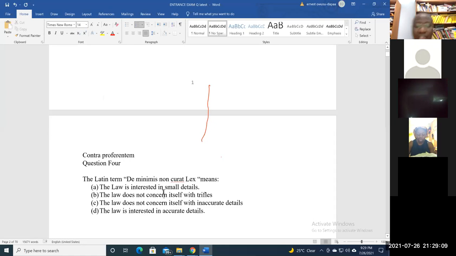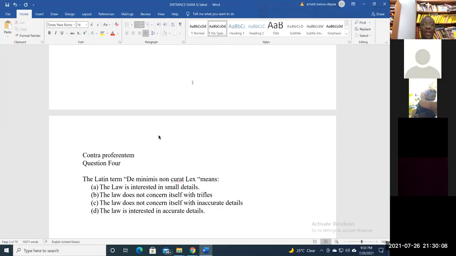De minimis non curat lex means A, the law is interested in small details. Now, if you see the word non, non simply means not.